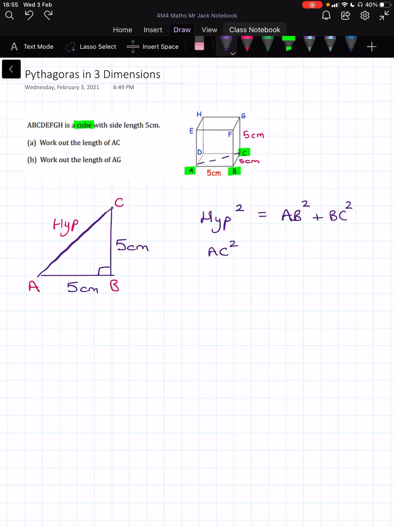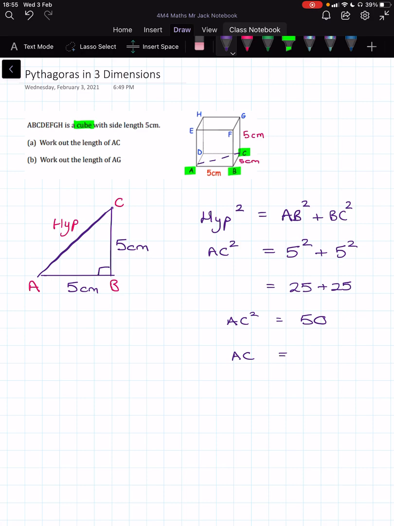AC squared is equal to, now AB is 5 squared, and so is BC squared. Oops, that should be 5 squared there. I know that 5 squared is 25, and I know that that is also 25. So we're saying that AC squared is equal to 50.